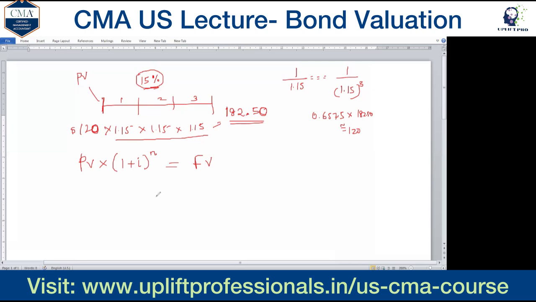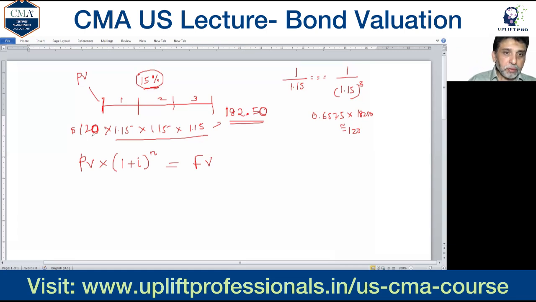So that will take you to 182.5. In fact, the present value here is 120, into 1.15, which is nothing but 1 plus 15%, whole cubed, because you're multiplying it 3 times, should give you 182.50. Got it?